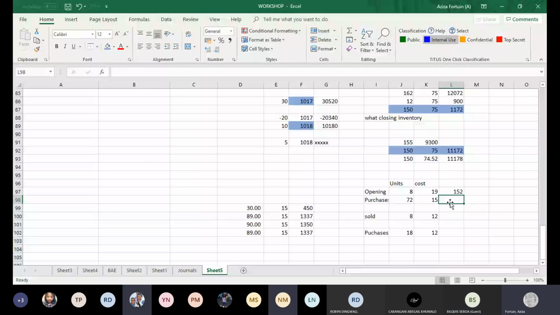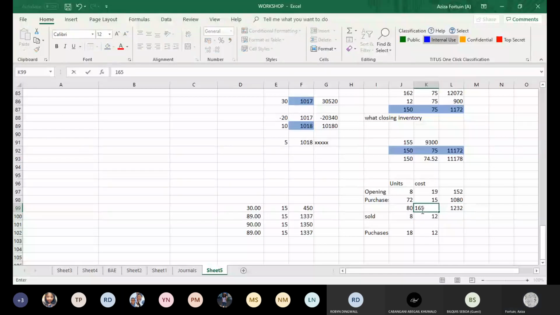So 8 plus 72 is 80. Okay, and 152 plus 1080 is 1232. Right, 1232 divided by 80 is 15 rand 40 a unit.